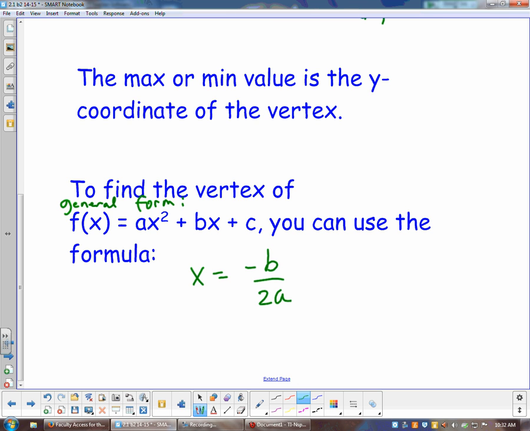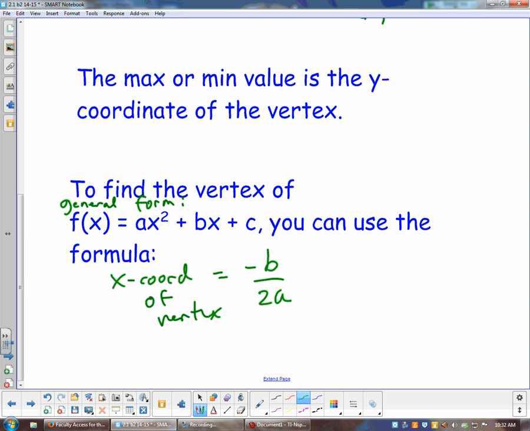This really gives you the x coordinate of the vertex, and if the problem is really messy, like this parabola with this child, then you're going to want to use this formula instead of trying to complete the square. So if we do negative b over 2a, we will get the x coordinate of the vertex.